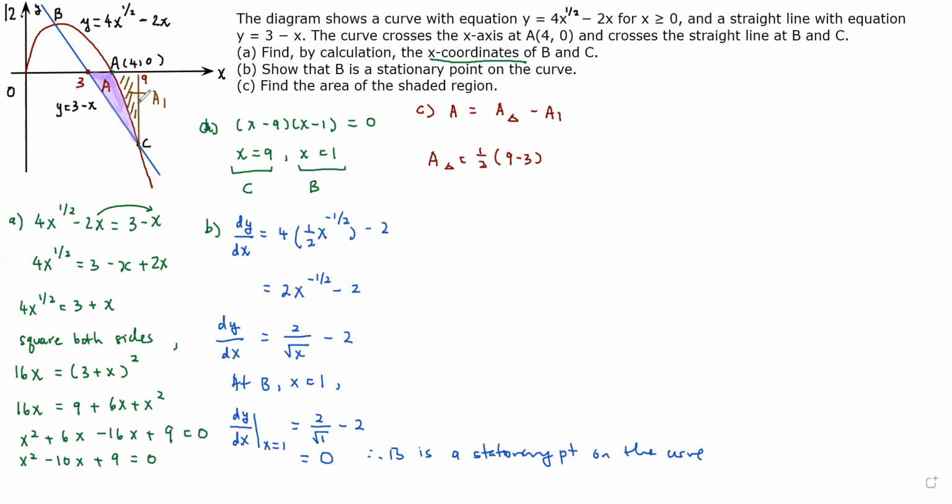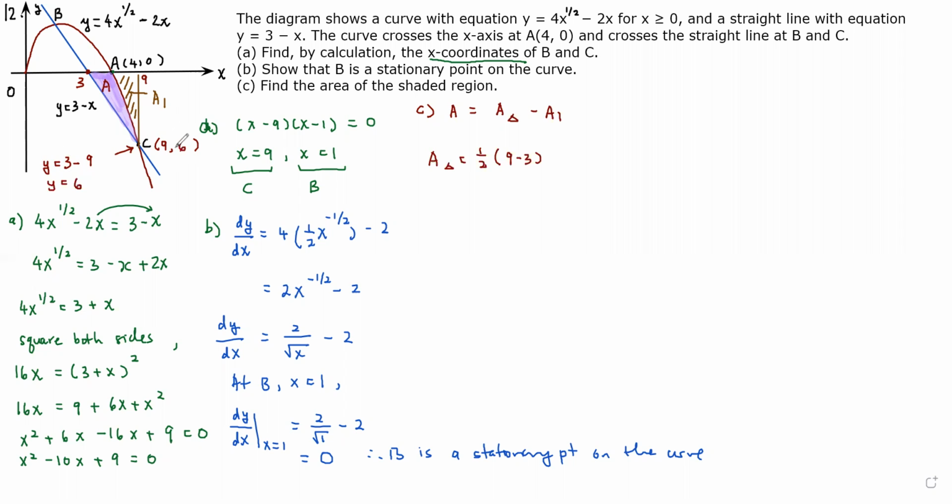And for the height of the triangle, we need to find the coordinates of C. C has x coordinate 9, so we need to find the y coordinate. y equals 3 minus 9, so we have y equals negative 6.